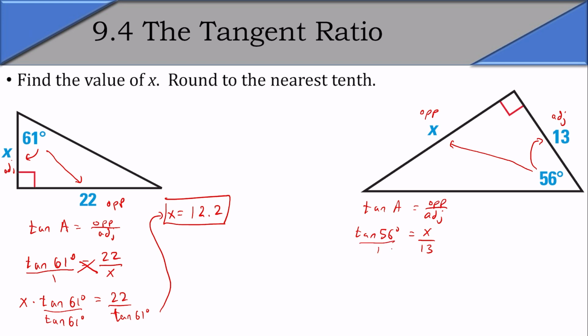Put it over 1 and cross multiply. And then I can put that in my calculator. I type in 13 times tangent of 56. Make sure I'm in degree mode, and I get 19.3.